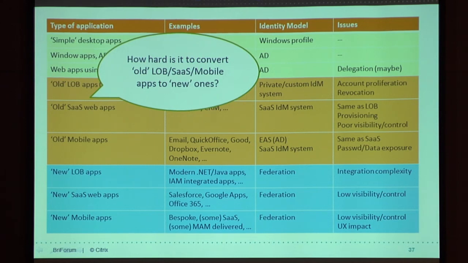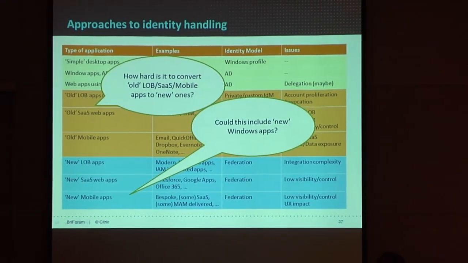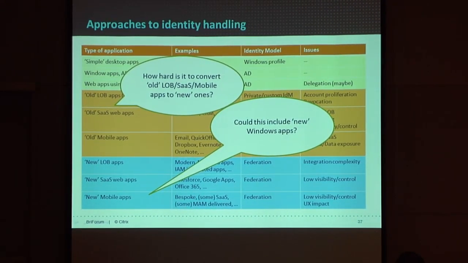They've been working this in some cases for 10 years with products like, say, SiteMinder to take web applications that were written to do their own authentication and convert them to a claims-based model. And that's not trivial. It's been going on for a good many years, but at least it is possible to do that. And the question is almost, okay, Windows applications could be like mobile applications. You could write a new Windows application that used a claims-based model.